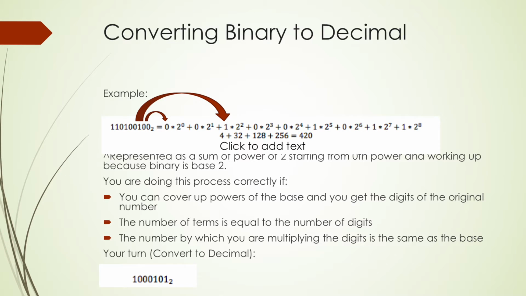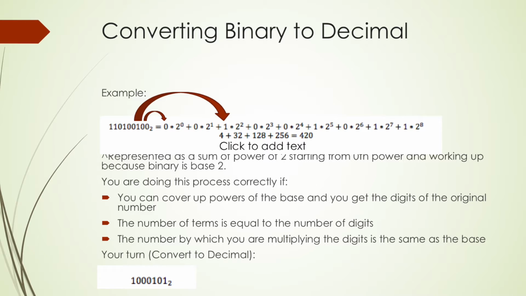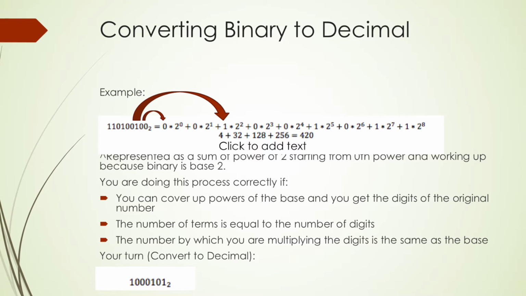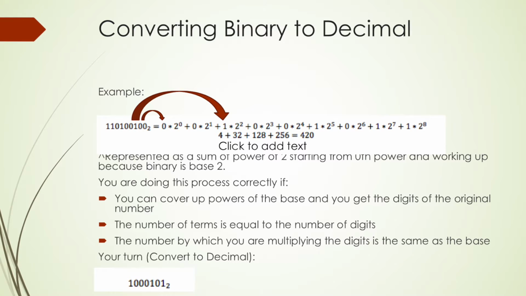Also, the number of terms is equal to the number of digits. The exponents are 0 to 8, that means there's 9 terms, and I count 9 digits, so that is correct. And the number by which you are multiplying the digits is the same as the base. So you're multiplying by powers of 2, and it's binary, which is 2.